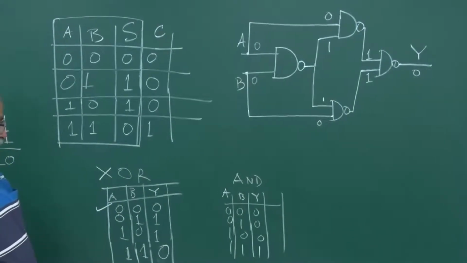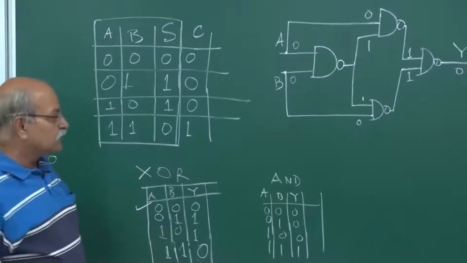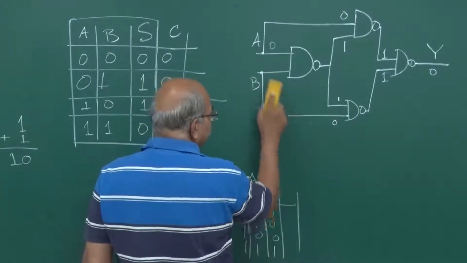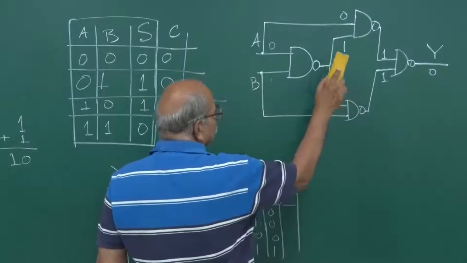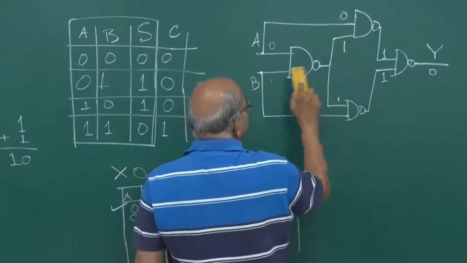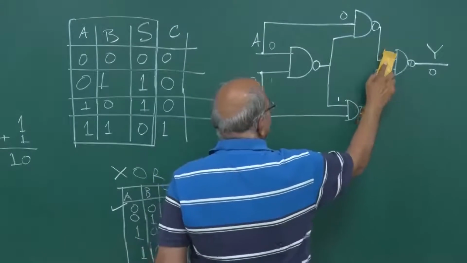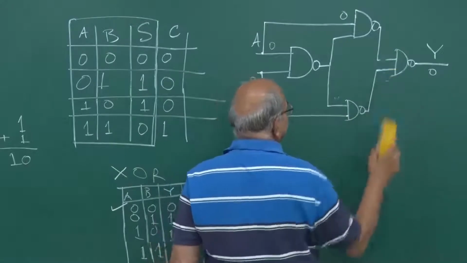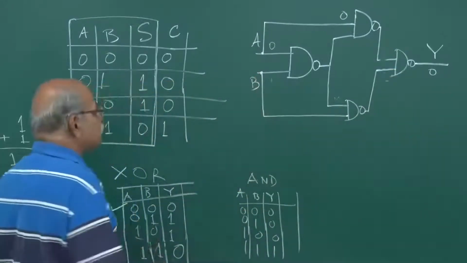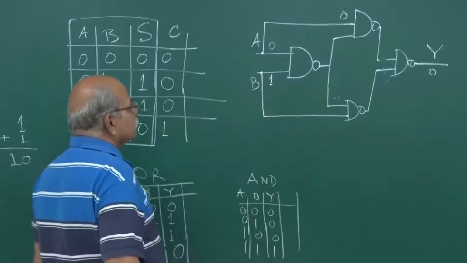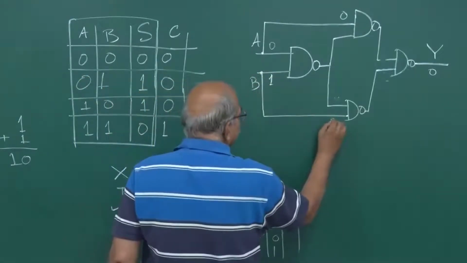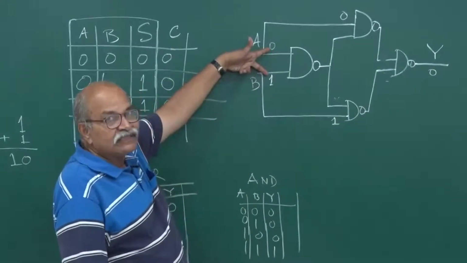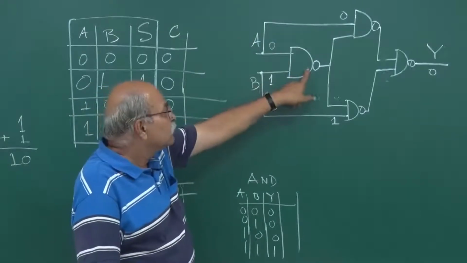Then consider what happens if A is 0 and B is 1. So A is 0, B is 1. So let me remove this, and of course A is 0 is all right, and then the output can change. So all these things let me remove. So now you have 0 and 1. So this is 1. And this 1 goes here. So this will be 1. 0 and 1 is 0. So here it is 0, here it is 1.